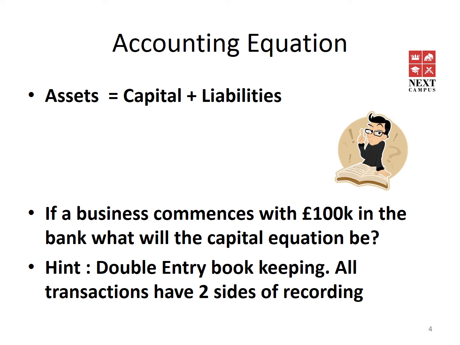So the answer to that question: if 100,000 in the bank account is invested in the business, cash will go up, assets will go up on the left hand side, and on the other side, the equity provided by the shareholders, equity capital, will go up. The hint is the double entry bookkeeping accounting system.